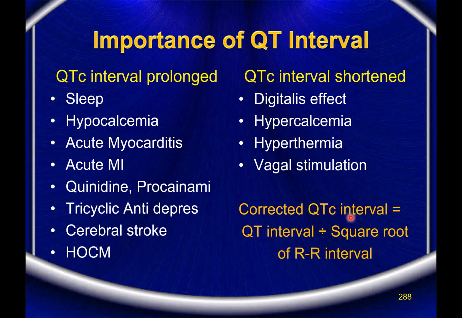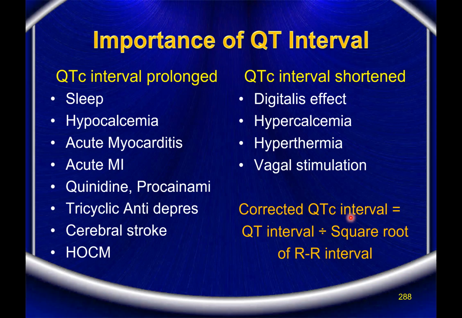Now I'll give you a small sum. The QT interval is 0.5. RR interval is 0.9. Okay. What is the corrected QT interval? Work it out. QT interval is 0.5.